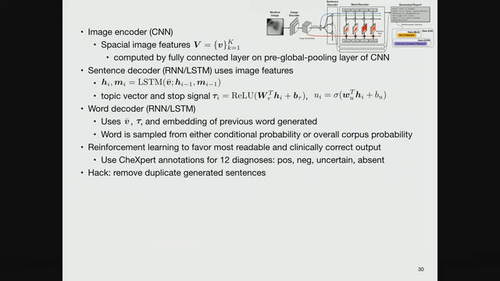And then for ground truth annotation, they also use a remote annotation method, which is this Checkspert program, which is a rule-based program out of Stanford that reads radiology reports and identifies features in the report that it thinks are important and correct. So it's not always correct, of course, but that's used in order to guide the generator.